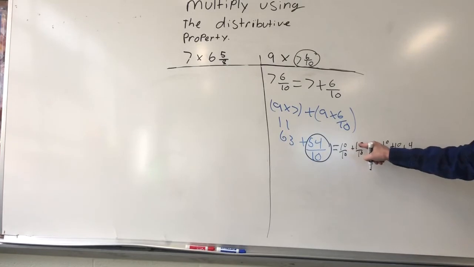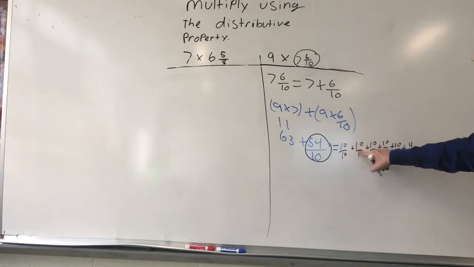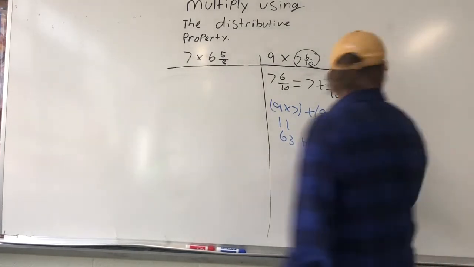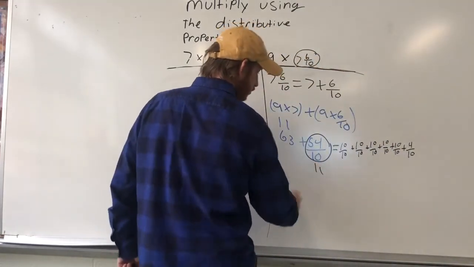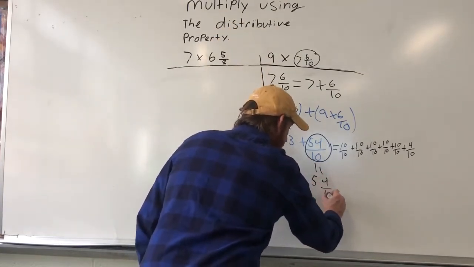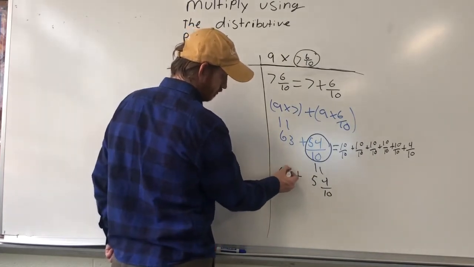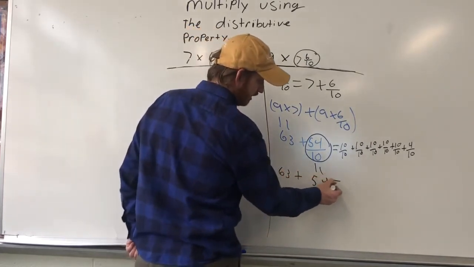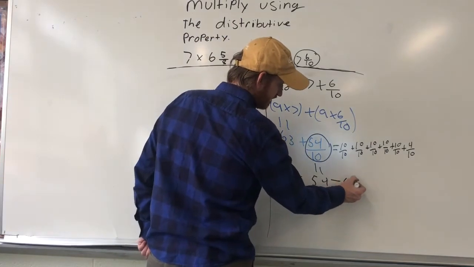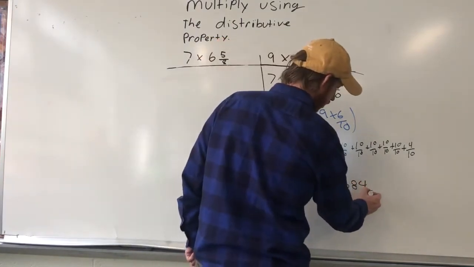Because you'd have 10, 20, 30, 40, 50, 54. So 1, 2, 3, 4, 5. So 54/10 is actually equal to 5 4/10. Making our final answer 68 4/10.